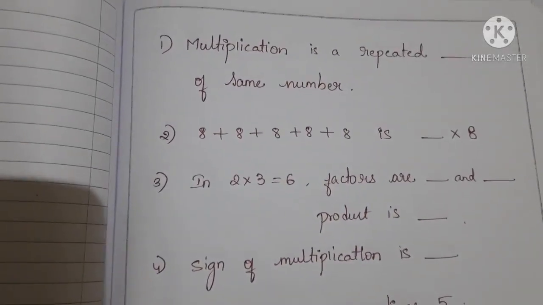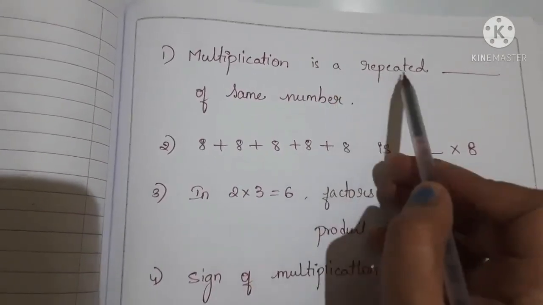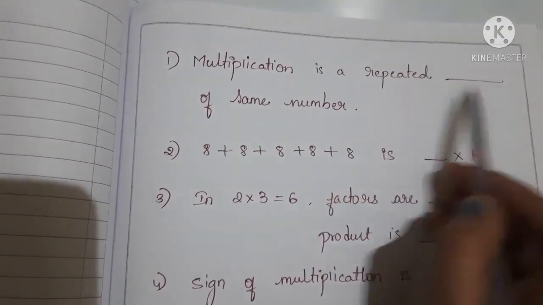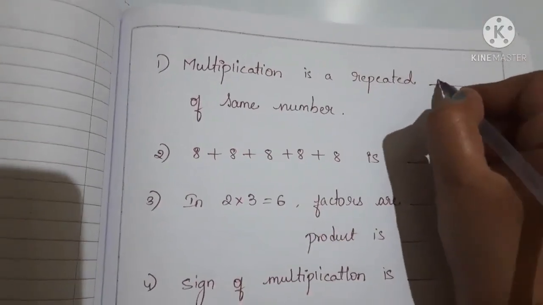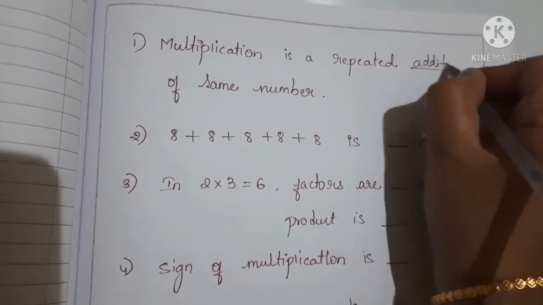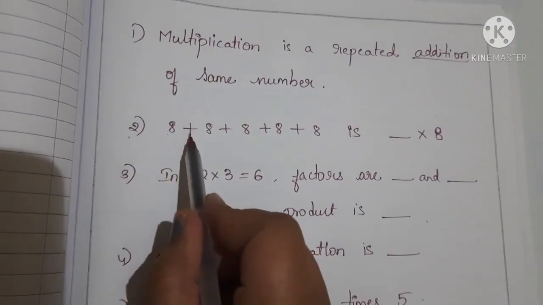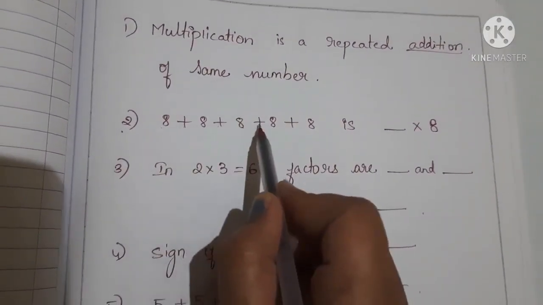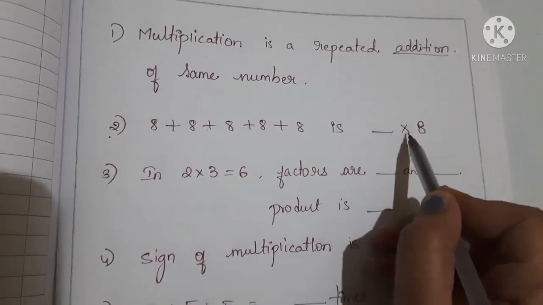Now, let us revise some questions. Multiplication is a repeated dash of same number. Multiplication is a repeated addition of same number. Here 8 plus 8 plus 8 plus 8 plus 8 is dash times 8.